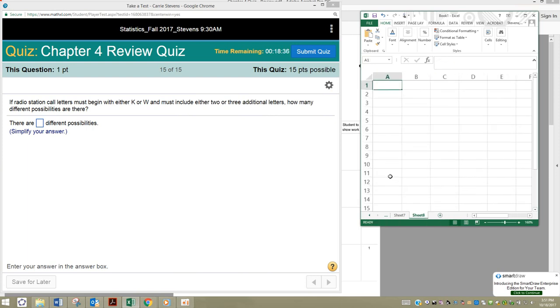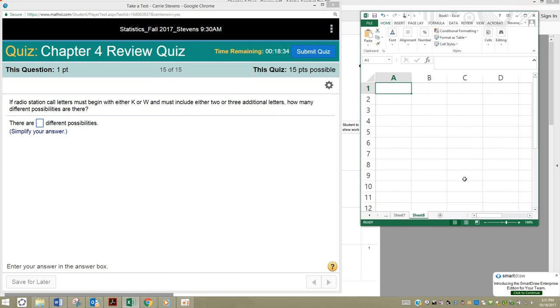We can do K as a starting first letter, or it can be W. Either of those would do.